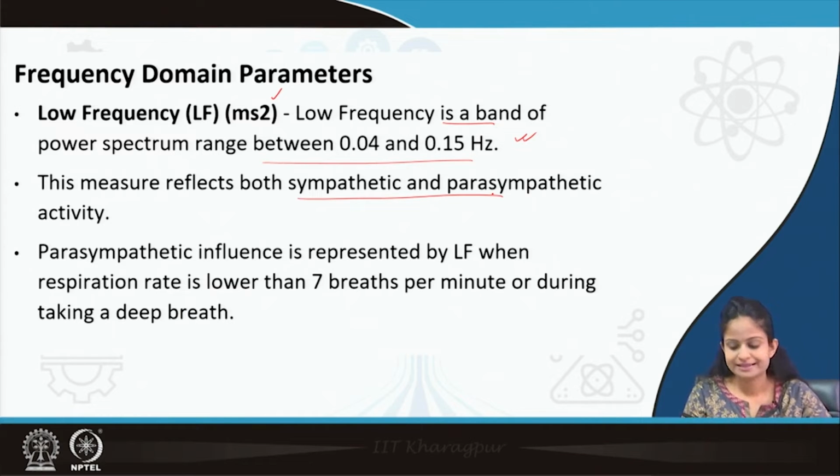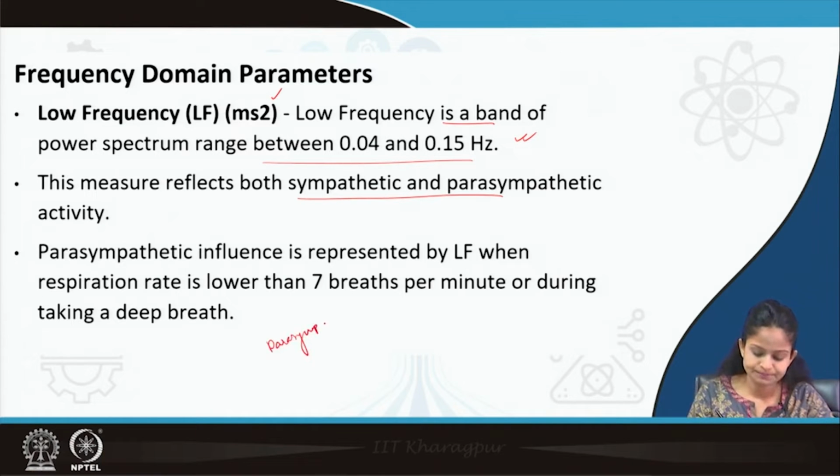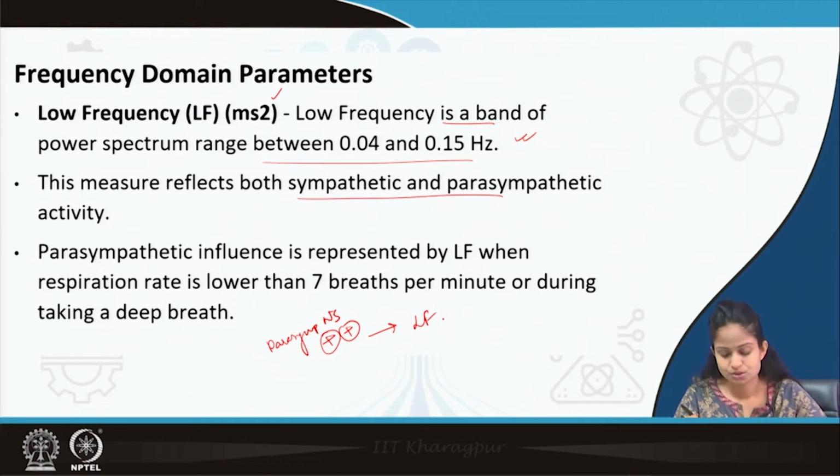If the person's breathing is controlled, that means if the person is having less than or equal to 7 breaths per minute or deep breathing, at that time the parasympathetic domain plays a very important role and the LF value gets deranged. This usually gets reflected in the low frequency values. Otherwise, low frequency reflects both sympathetic as well as parasympathetic activity. Predominantly, it reflects sympathetic activity.